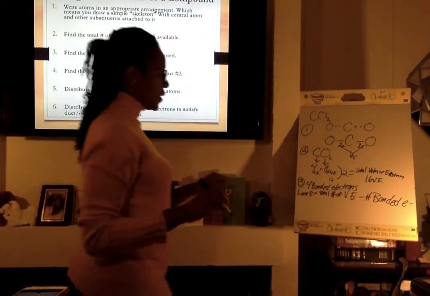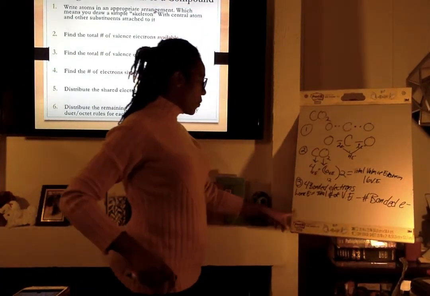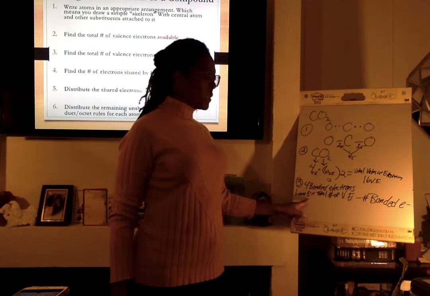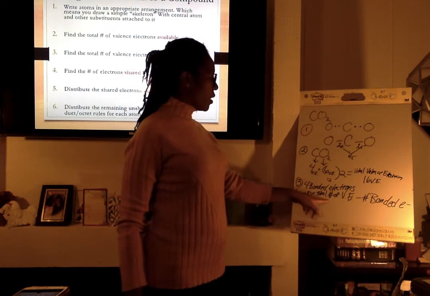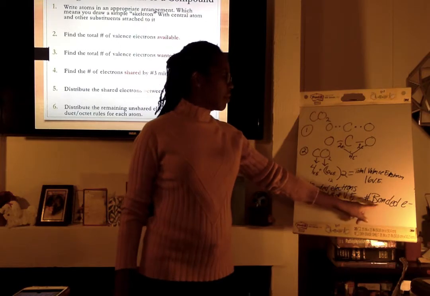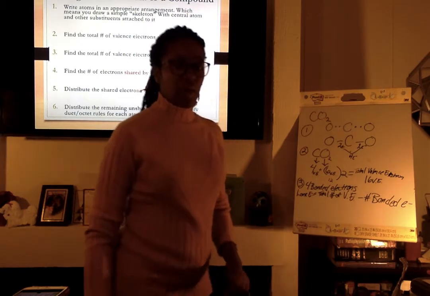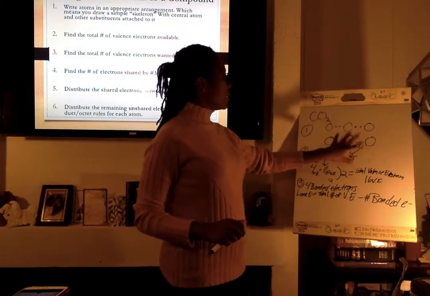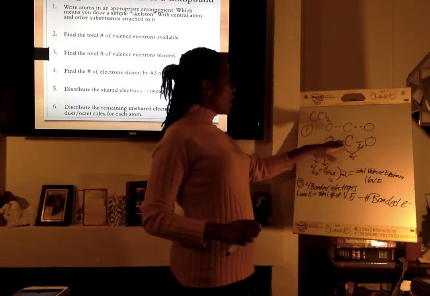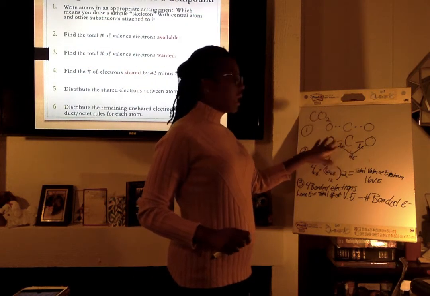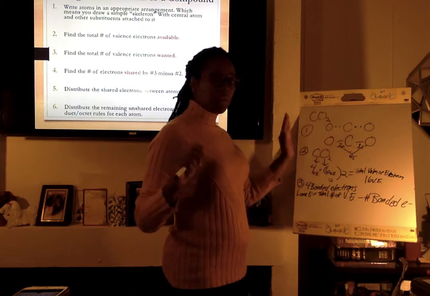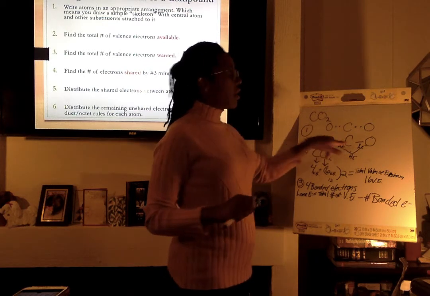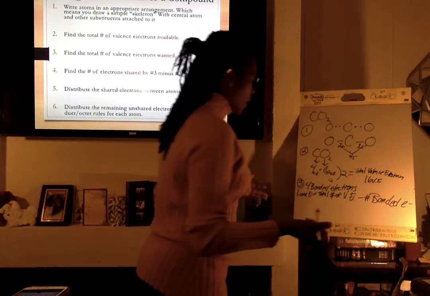So what I wrote was lone electrons equals the total number of valence electrons minus the number of bonded electrons, right? Because we want to see how many are now going to be a part of, not necessarily in a bond, but may possibly create a bond, but are not in our skeletal structure, basically, right?